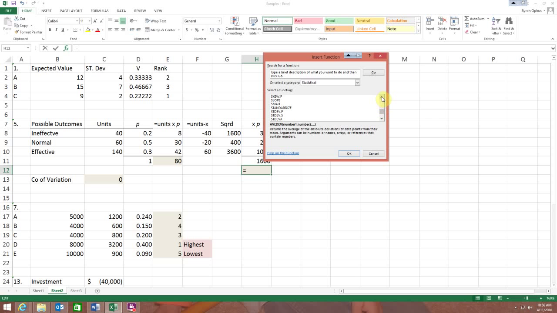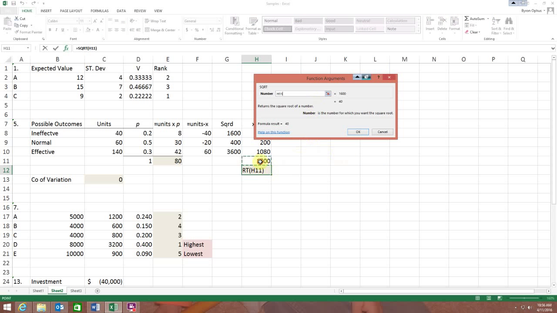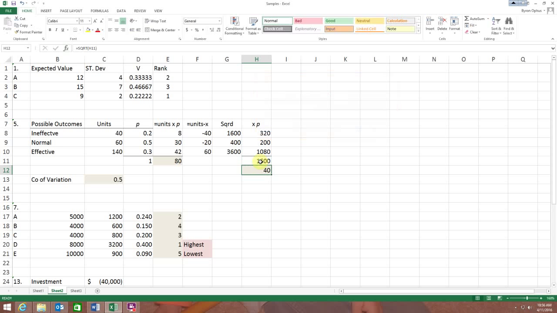Oh, I don't see square root in there. So let's go to math and trig. There it is. Square root returns the square root of a number. So what's the number? I just click on that and hit enter, and it's a done deal.